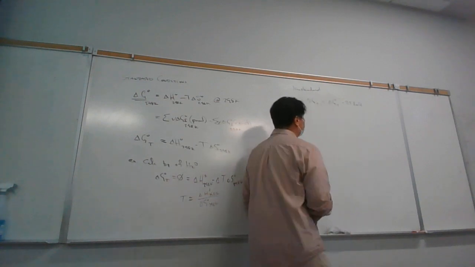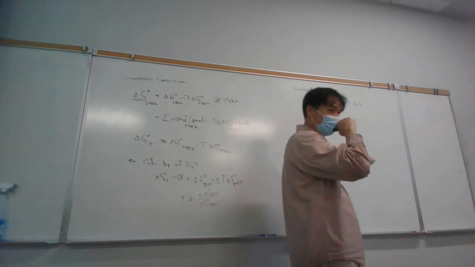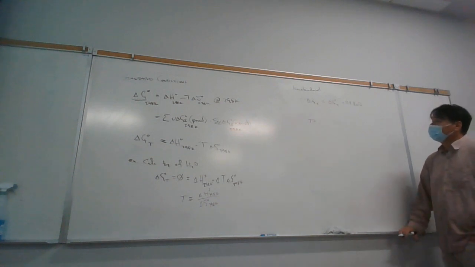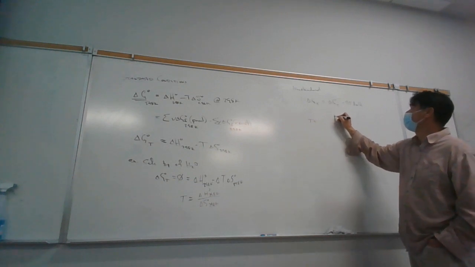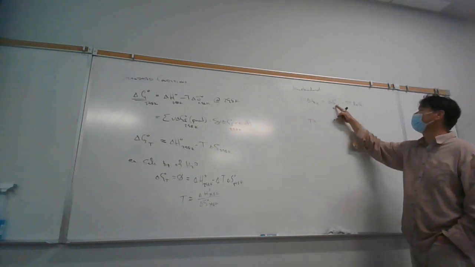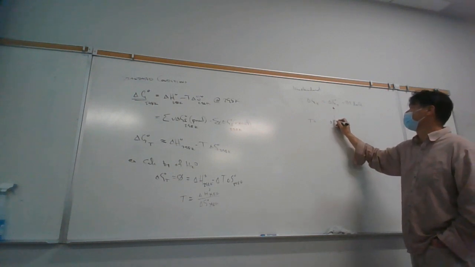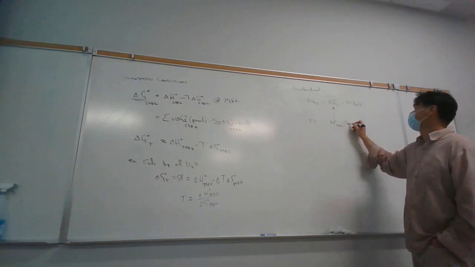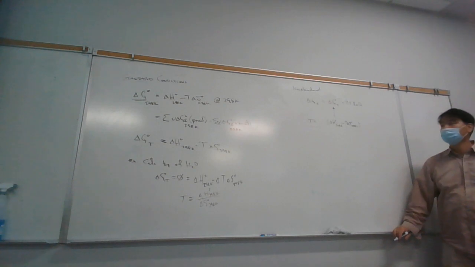All right, so there are two types of calculations we do for this. One type was calculating for T, which we just did, solving for T. But when we solve for T, remember what we had to do: we didn't have delta G naught at temperature T. So we had to substitute delta H naught at 298 minus T delta S naught at 298 for this term here, and then solve for T. That's what we did.